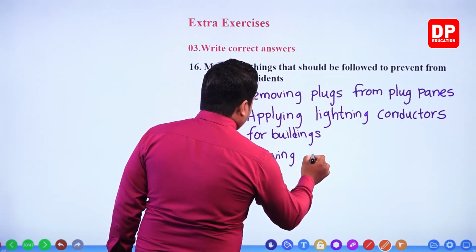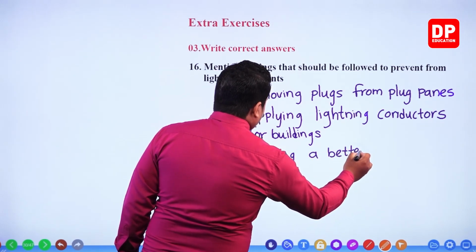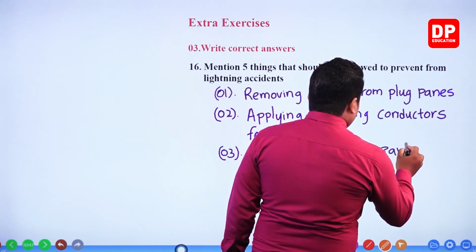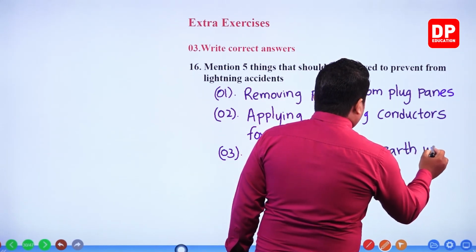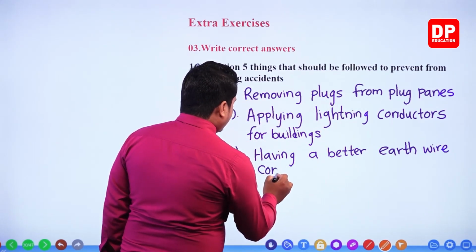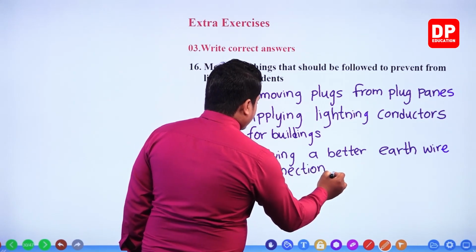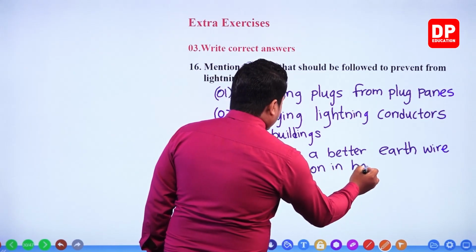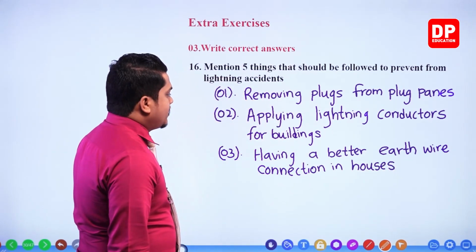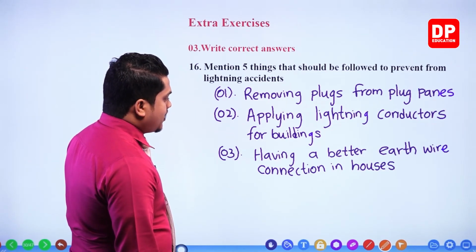Number 3, having a better earth wire connection in houses. Having a better earth wire connection, right, in houses.